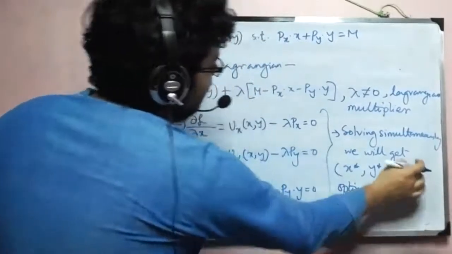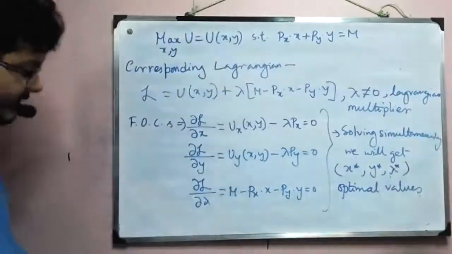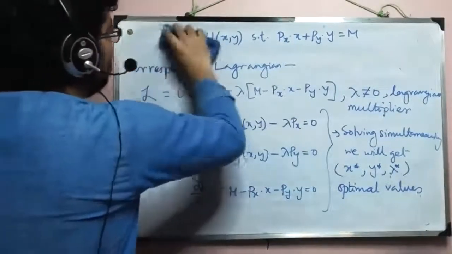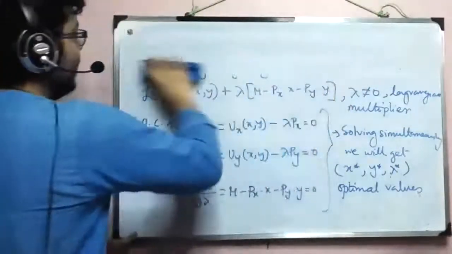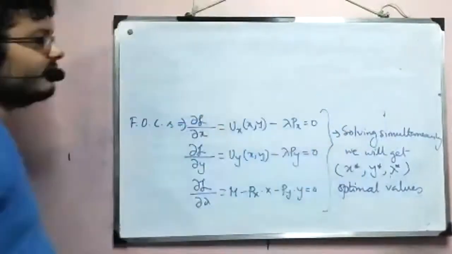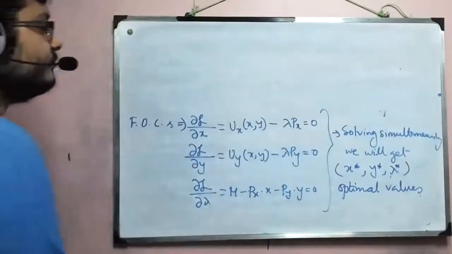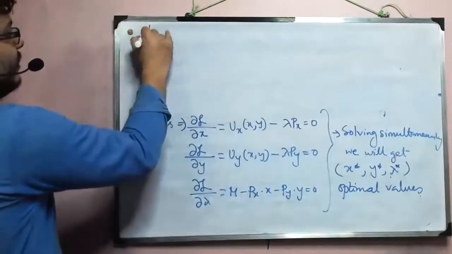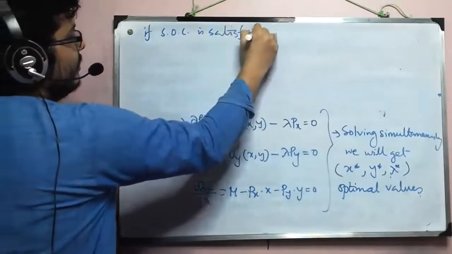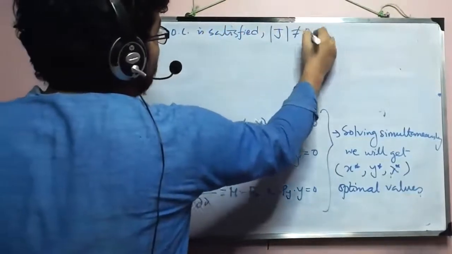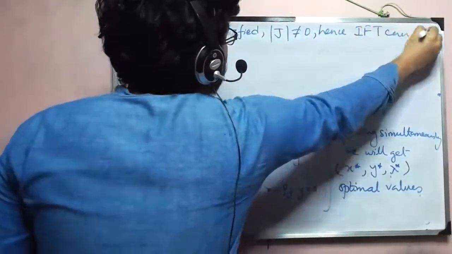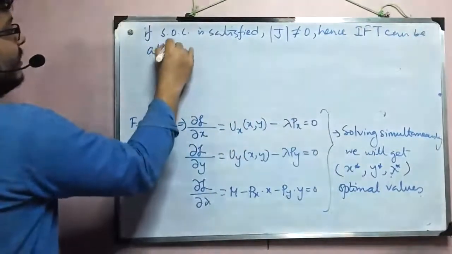Now if I assume along with this that the second order condition is also satisfied, then that tells me that the Jacobian is non-zero. So if SOC is satisfied, the Jacobian is non-zero, hence the implicit function theorem can be applied. So what does it mean?